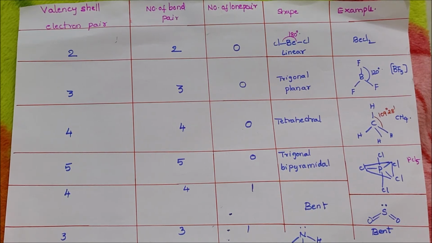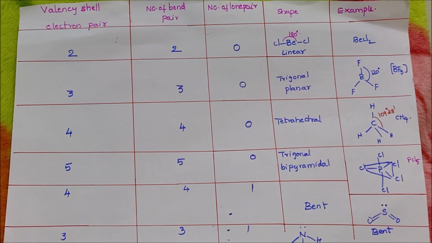The best example is CH4, the chemical name methane. In methane, 4 hydrogens are terminal atoms bonded with the carbon atom. There is no lone pair, so in this methane molecule there are only bond pair repulsions. So it gives a bond angle of 109 degrees 28 minutes. The shape of the molecule is tetrahedral.